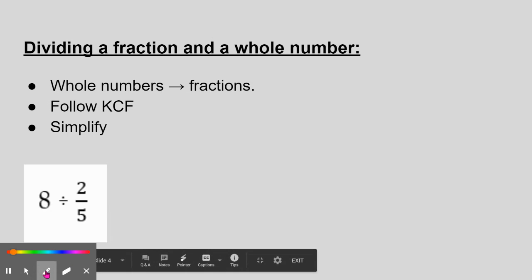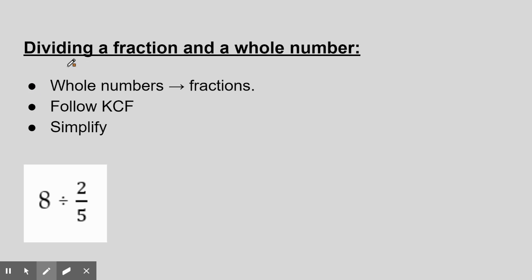All right, so our first situation is dividing a fraction by a whole number. First step, just like multiplying, make your whole number into a fraction. So I'm going to rewrite this as 8/1 divided by 2/5. Now I need to do my keep, change, flip, where I keep the first number, I change my sign, and I flip the second fraction.